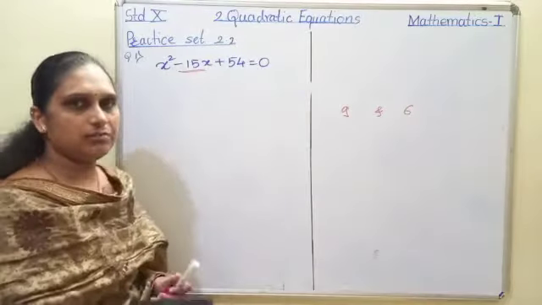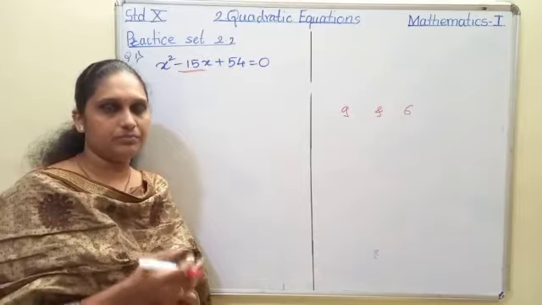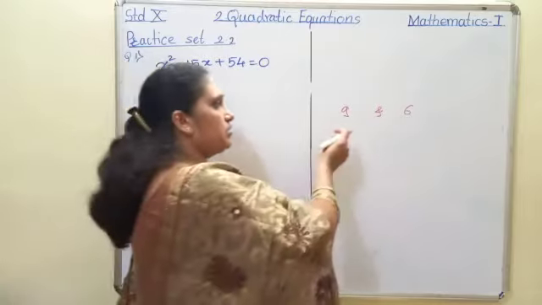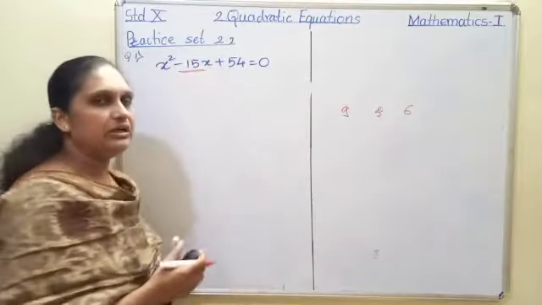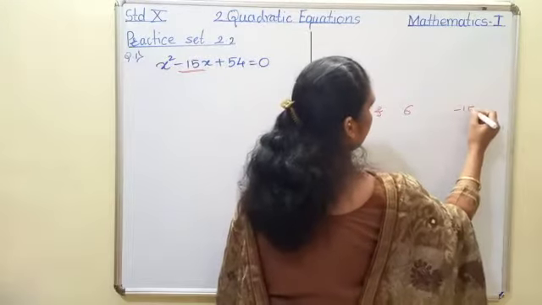Now the next step is we have to give signs, plus sign, minus sign. To decide whom to give plus, whom to give minus, again we will observe the middle number. Middle number is minus 15.